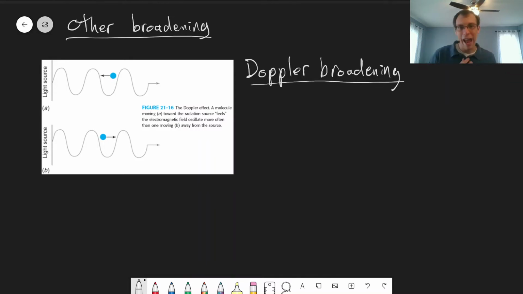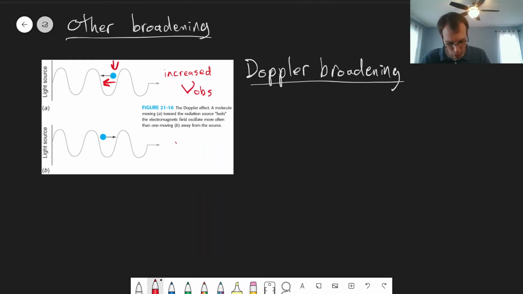The same thing applies to atoms or molecules. The Doppler broadening also applies to molecules just as much as it applies to atoms. So if you have an atom here, this is represented here, and you have a wave of light coming towards it, if the light and the atom are moving closer to each other, this leads to an increase in the effective frequency that's observed by the atom.